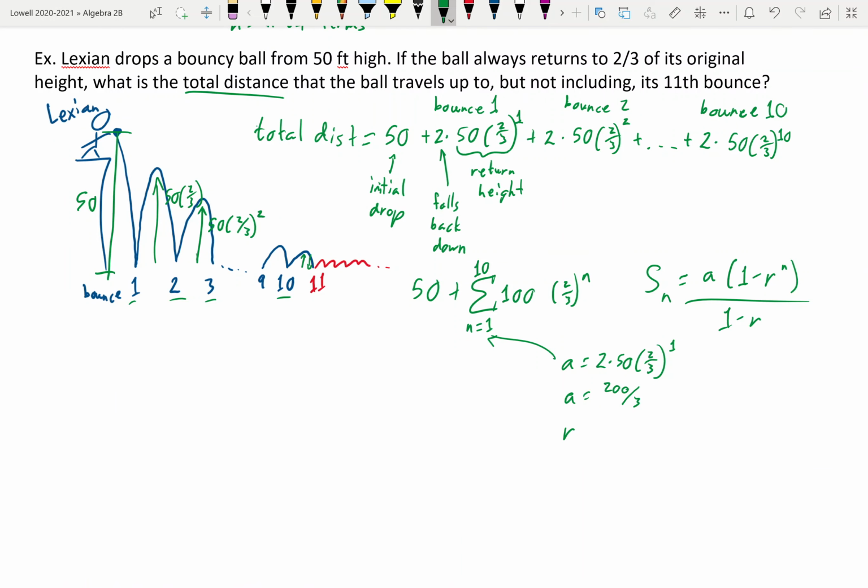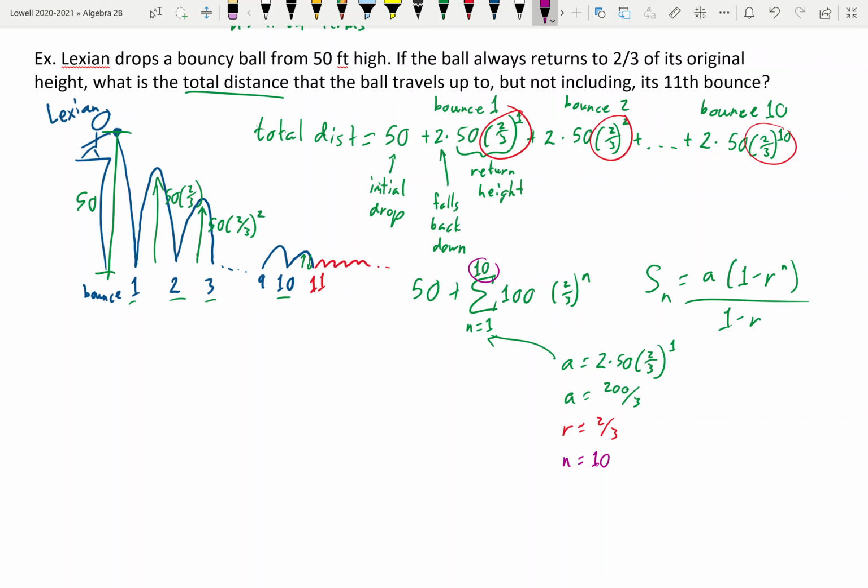Our common ratio, as you can see, going from one term to the next, is just times 2/3, so our common ratio is going to be 2/3. And our n is, of course, the last term, the one that we care about, 10 here.